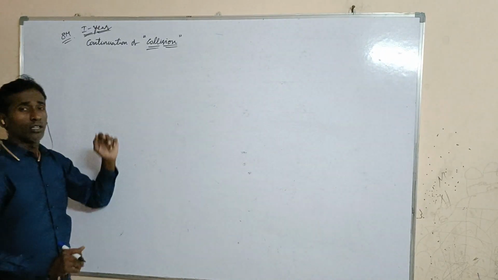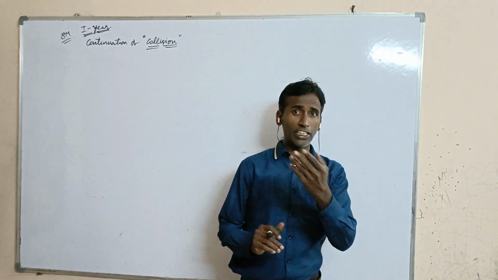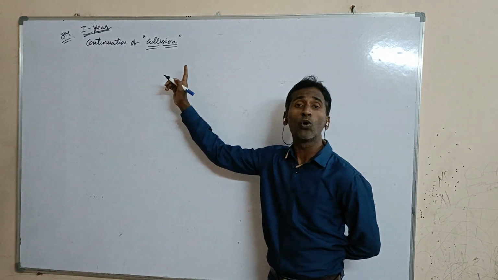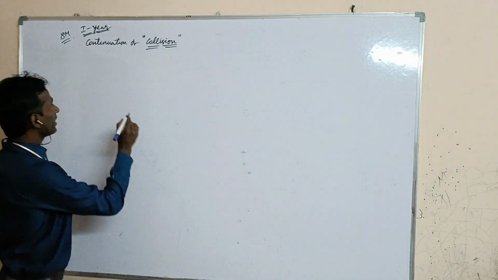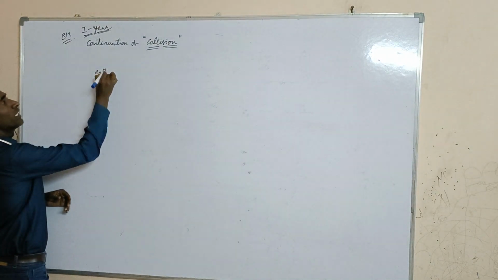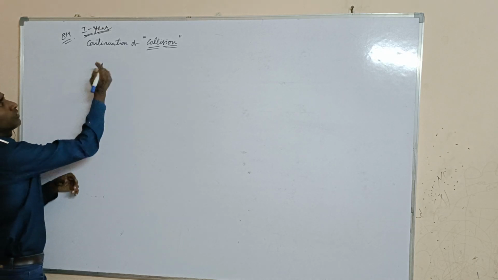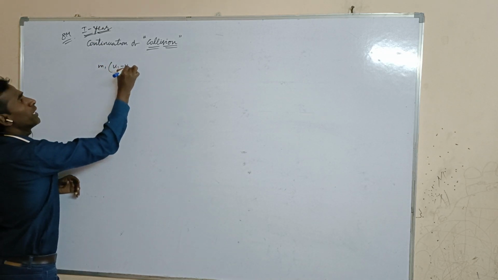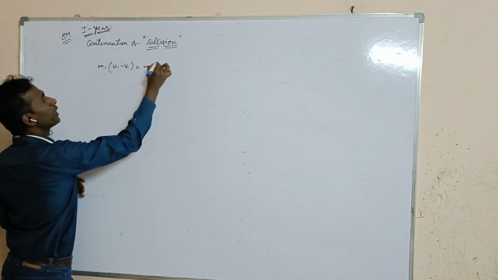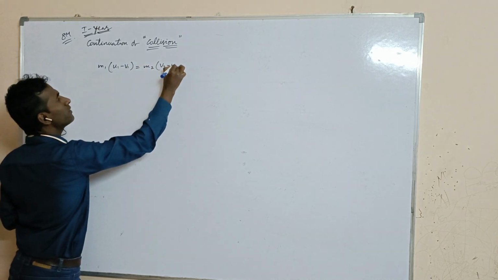See here, the continuation of yesterday's topic, that is the collision. So equation 1 and equation 2 both came. What is equation 1? That is m1 into (u1 minus v1) is equal to m2 into (v2 minus u2).